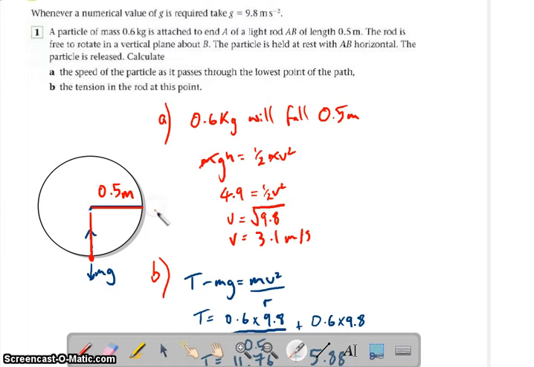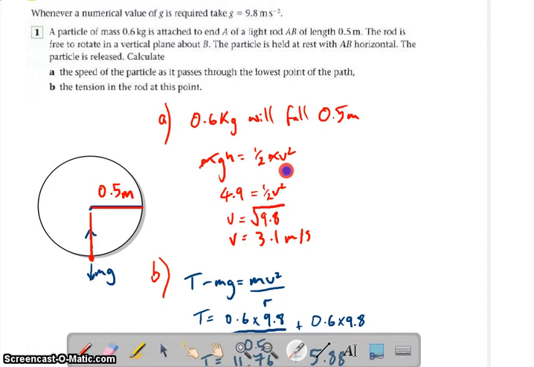This is pretty easy to do because as it loses gravitational potential energy, it'll gain kinetic energy. So it's basically just going to fall through 0.5 meters. And that potential energy gets turned into kinetic energy, so we end up with mgh is equal to half mv squared.